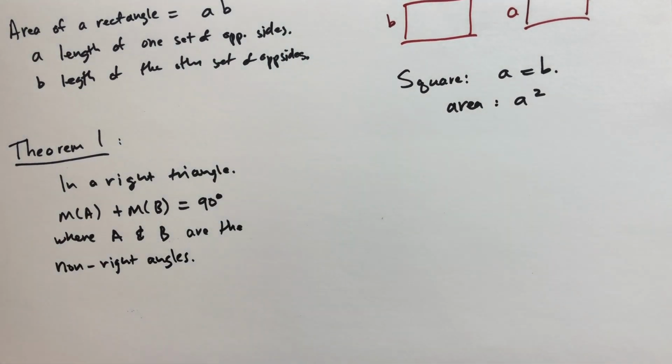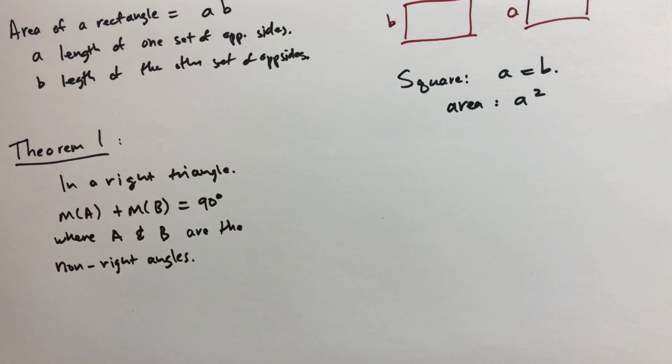How does he prove that? We conclude the two triangles must have the same area.